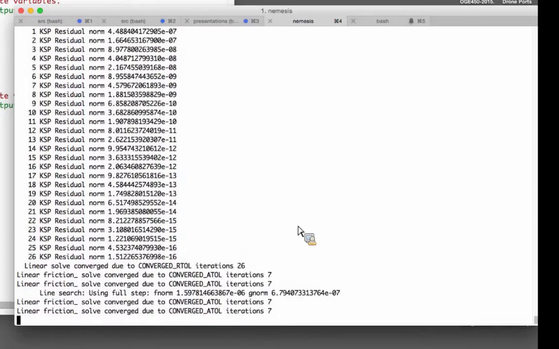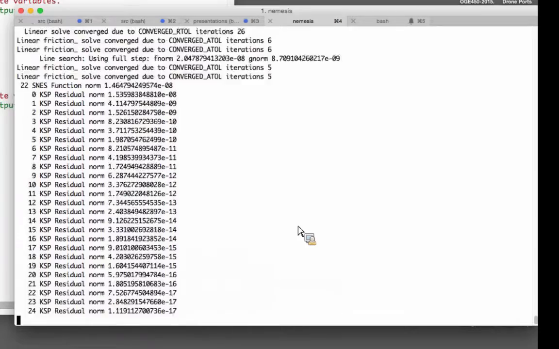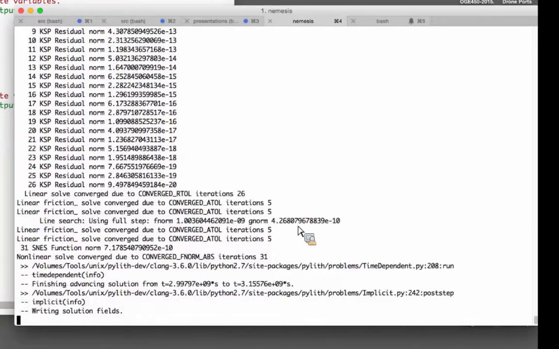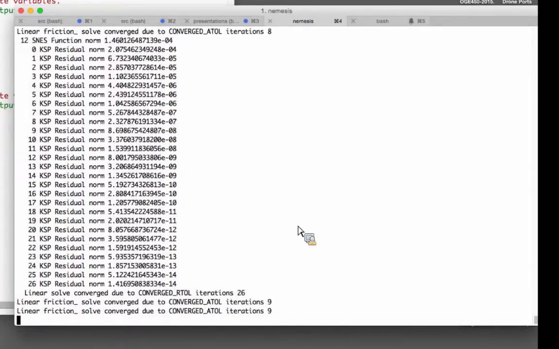When the fault is stuck, it jumps through those time steps very quickly because the nonlinear solve will converge in one iteration. Whereas when it's slipping, the nonlinear solve takes more iterations.